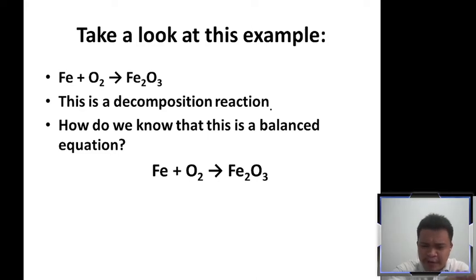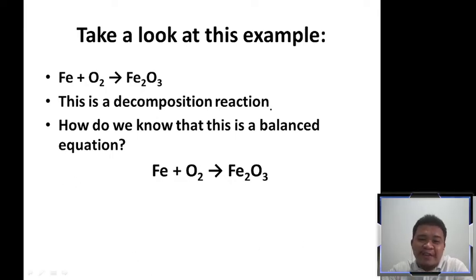Let's take a look at this example. Iron reacts with oxygen, yields a compound which is Fe2O3, or we will call this ferric oxide. Clearly, this is not a decomposition reaction.